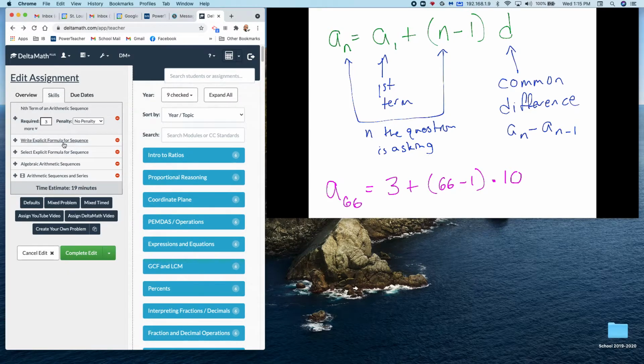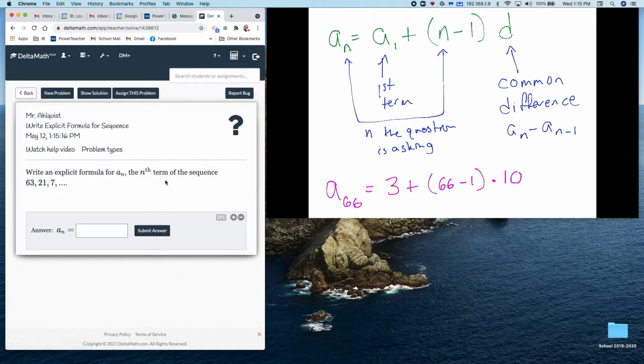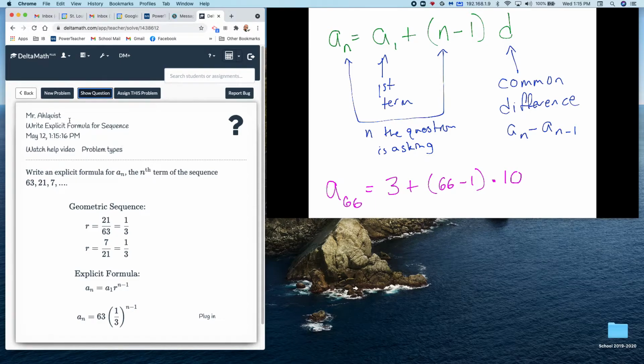Okay, so you can do the same kind of thing with something like this, where if we're going to write an explicit formula, it's just using this, but filling in some of the blanks. I don't know why that one was on there.